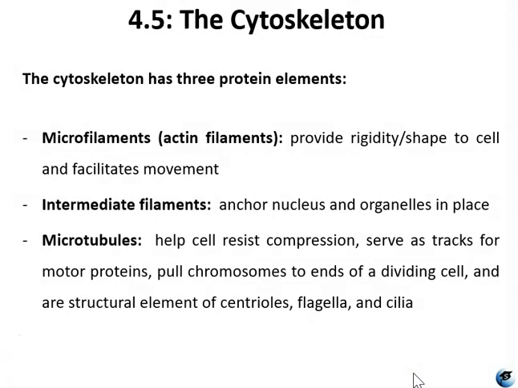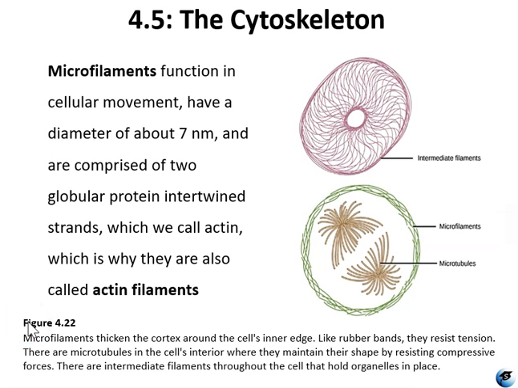The three protein elements of the cytoskeleton are microfilaments, intermediate filaments, and microtubules. So let's look at all three of these in greater detail now. Microfilaments have a diameter of about 7 nanometers, and they're comprised of two globular protein intertwined strands, which we call actin, which is why they are also called actin filaments.